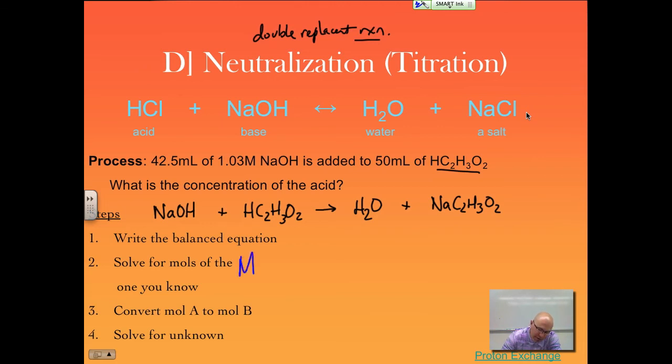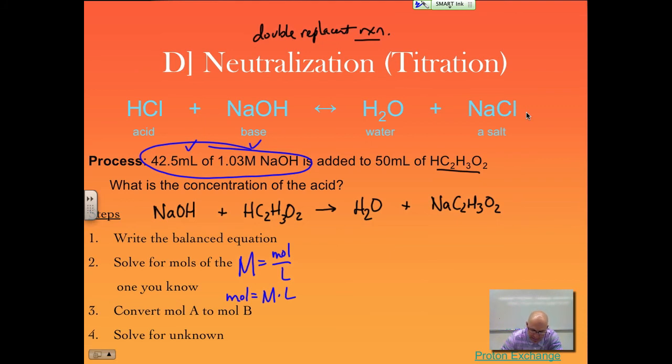Now you're going to solve for the moles of the one you know using the fact that molarity is moles per liter. Notice I'm giving you the liters and molarity. So I'm a big fan of rewriting an equation. It's molarity times liters.